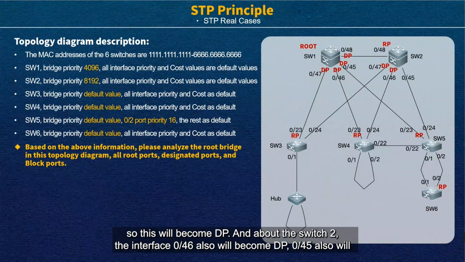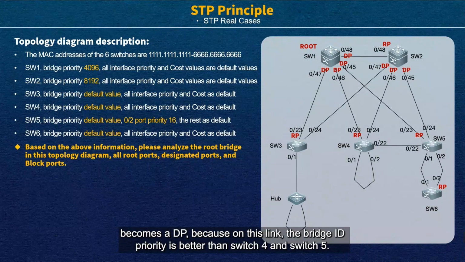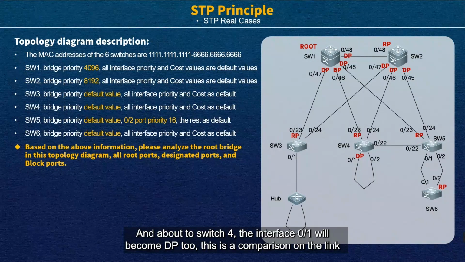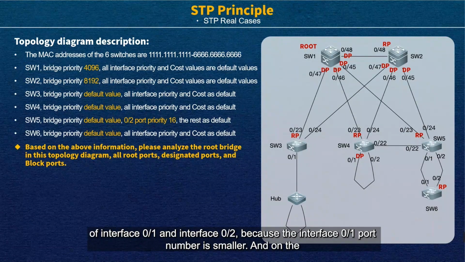And about switch 2, interface 46 also will become DP. 45 also will become the DP because on this link, the bridge ID priority is better than switch 4 and switch 5. And about switch 4, interface 0 will become DP too. This is comparing the link of interface 1 and interface 2, because the port number of interface 1 is smaller.